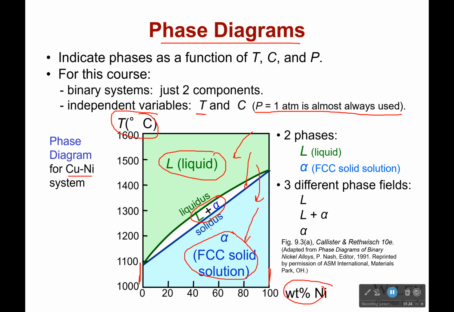So I have the liquid, the solid, and a mixture. And so it shows that depending on my concentration and depending on the temperature, I'm going to have different points. So as I mix these two together, I'm going to reach this point of a mixture earlier as I get rid of nickel, and I'll reach it later as I add more nickel.